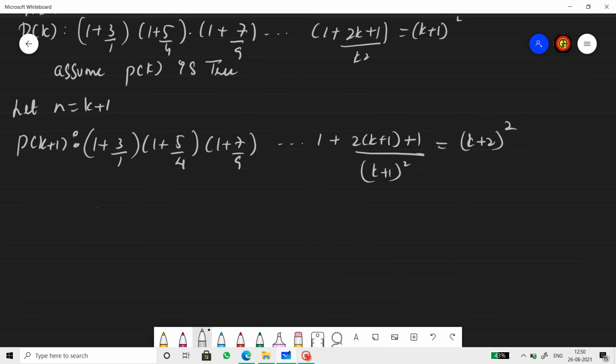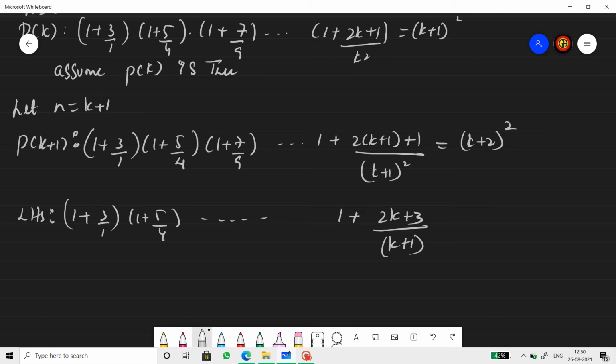So this is the statement that we have to prove. I'm going to take the left-hand side of this, which is (1 + 3/1) × (1 + 5/4), and so on, (1 + (2k+3)/(k+1)²). Hope this step is clear. 2k+2+1, so 2+1 is 3.